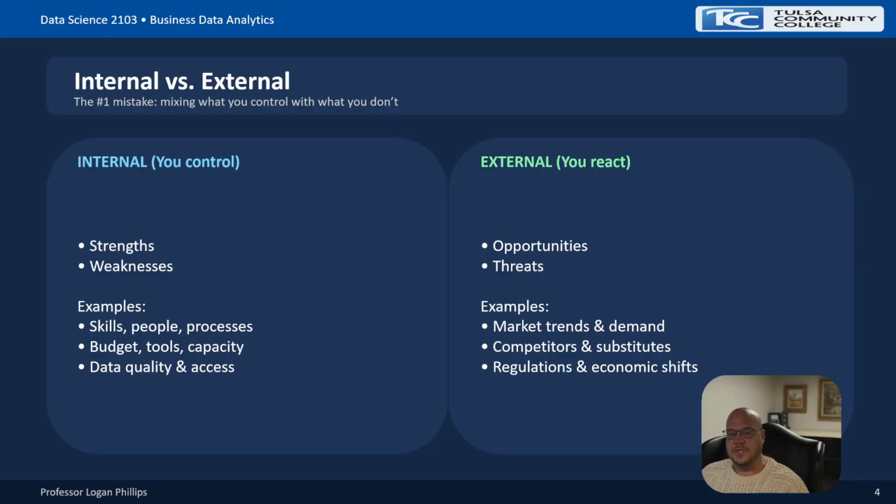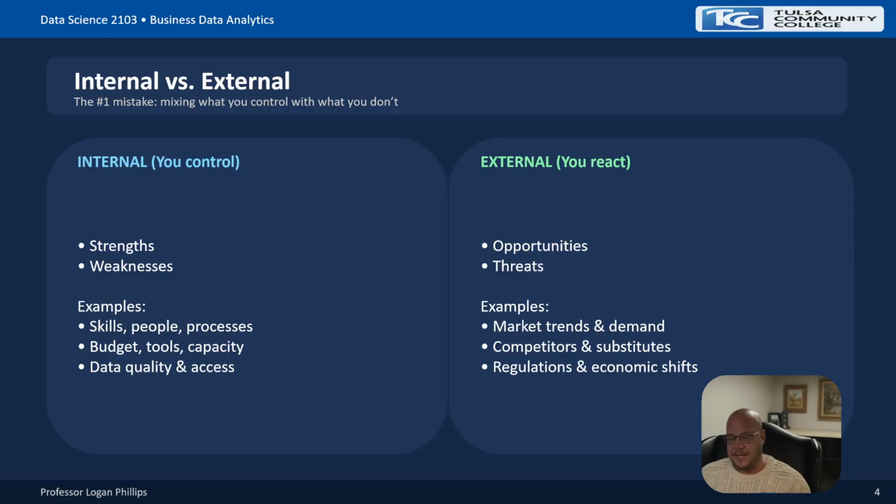So internally, you control skills and people, processes, budget choices, tools and capacity, your own data, quality, and access. Externally, you react to things like market trends and demands, competitors and substitutes, regulations and economic shifts. So there's a very good quick test for this. If you can fix it with an internal decision, staffing, training, process change, better measurement, that is internal.